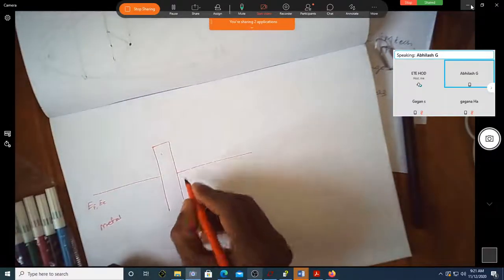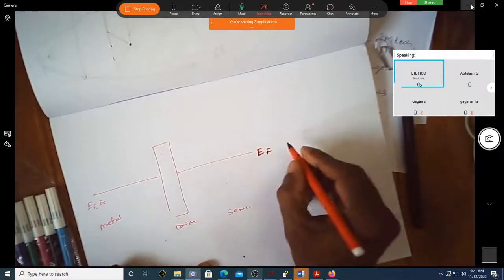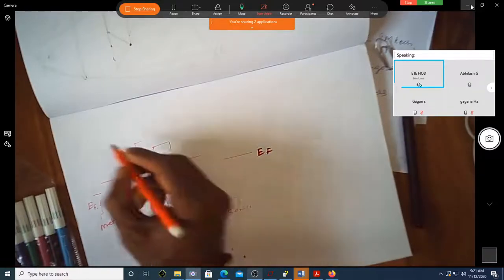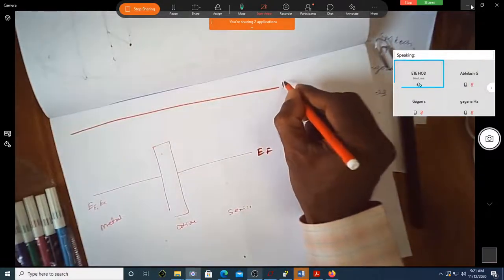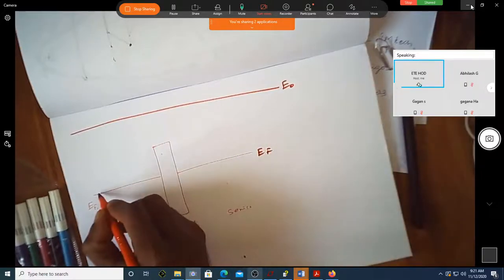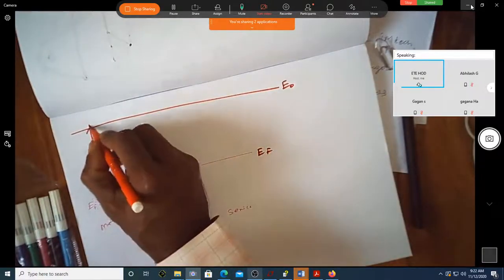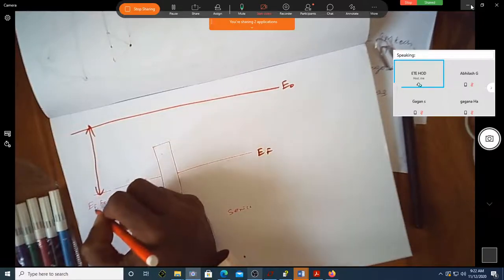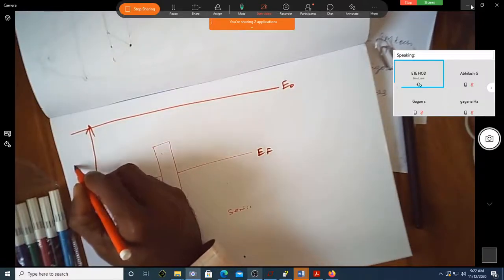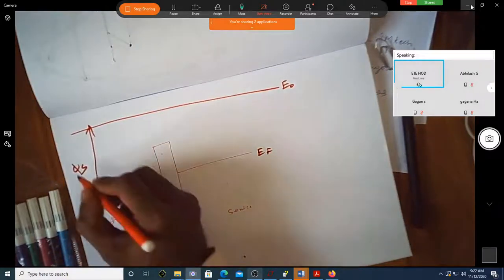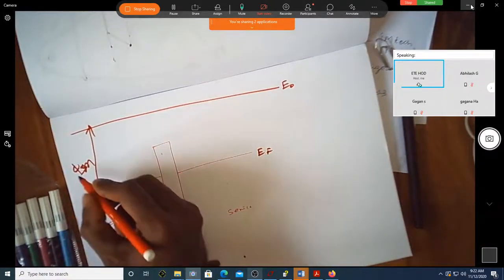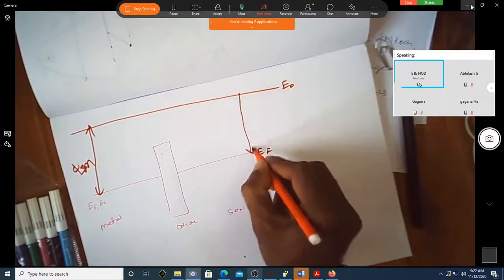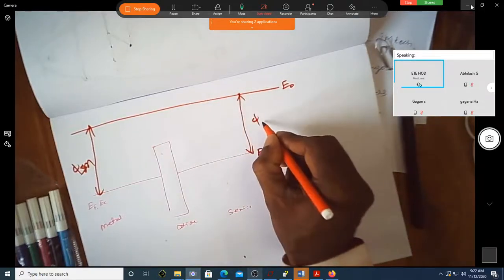Now, this is EF. You can see both are the same. This is E naught, or vacuum level. Can you see this is the separation between the Fermi level of your metal and the vacuum level? We call it phi m. M stands for metal. This is phi s.